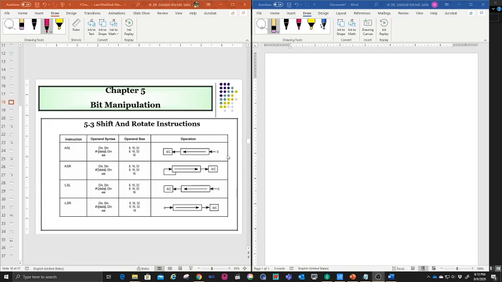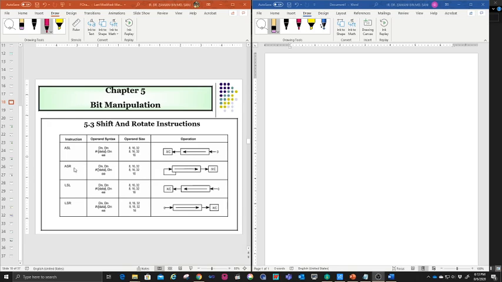It must shift a 0 into the register, and the top bit over here, which is the most significant bit, will be pushed to the X and C. These are the flags, the extend flag and the carry flag.